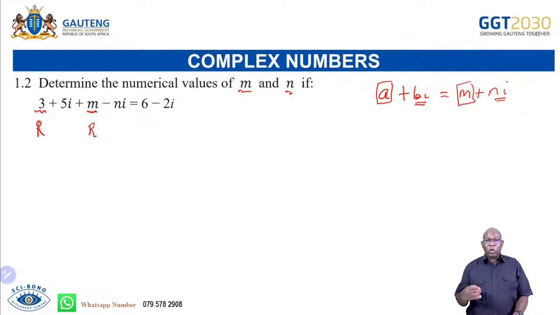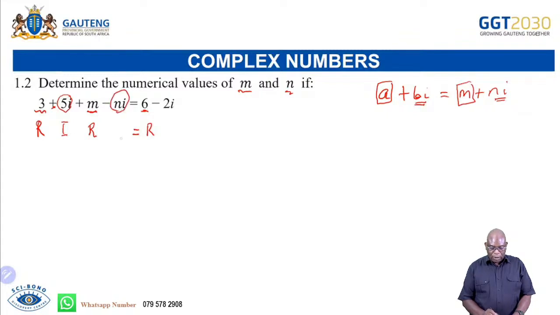Remember, if I get something which is I squared, then I know I squared can be changed to a negative 1. And on this side here, I can see the equal sign. I can see there's another real part here. So these ones are real parts. Therefore, the ones with an I with its sign are going to be the imaginary part.